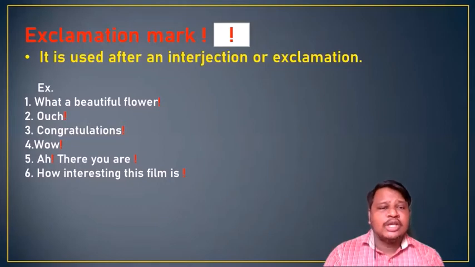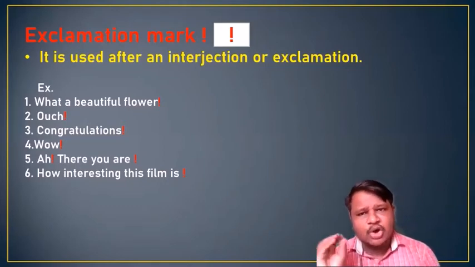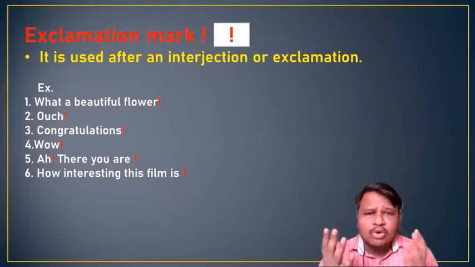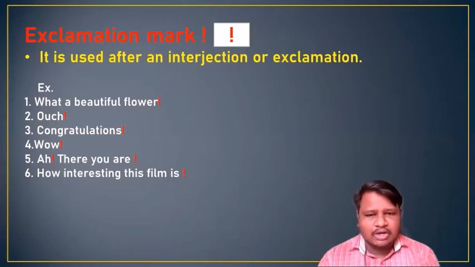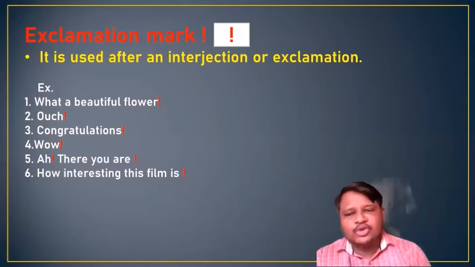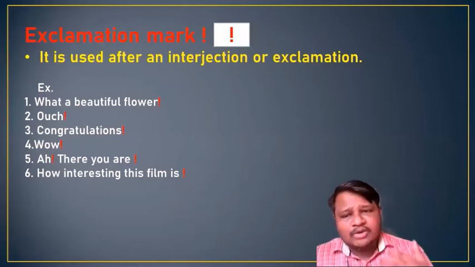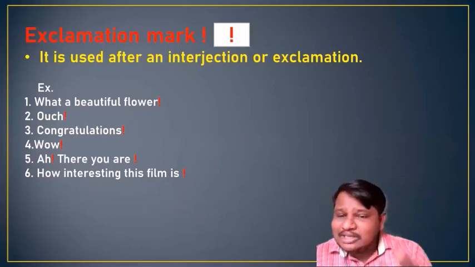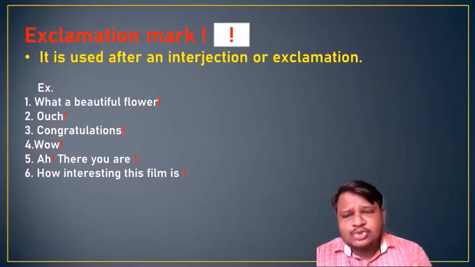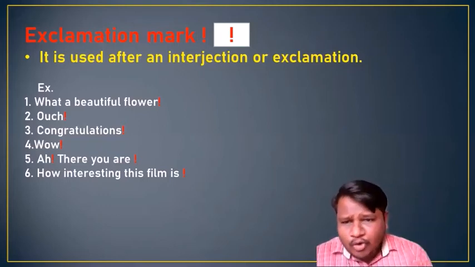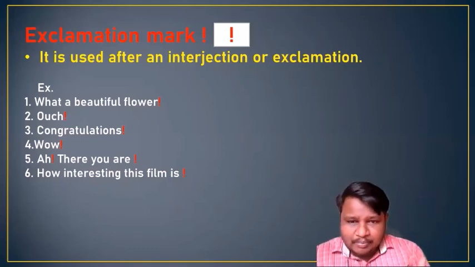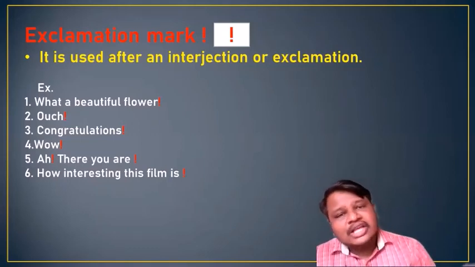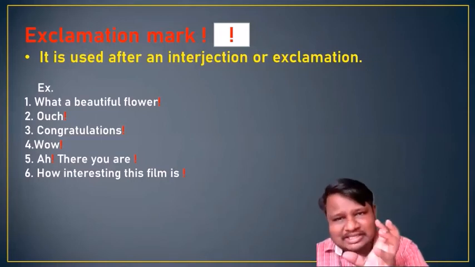One thing you have to keep in mind, exclamation marks are used after an interjection or exclamation. Okay, how do we identify it? When we are talking about our strong feelings, the strong feelings of human beings, and in that strong feeling we say some words or sentences that show more happiness, overflowing sadness, overflowing excitement, overflowing fear. Okay, all those things are part of exclamation.